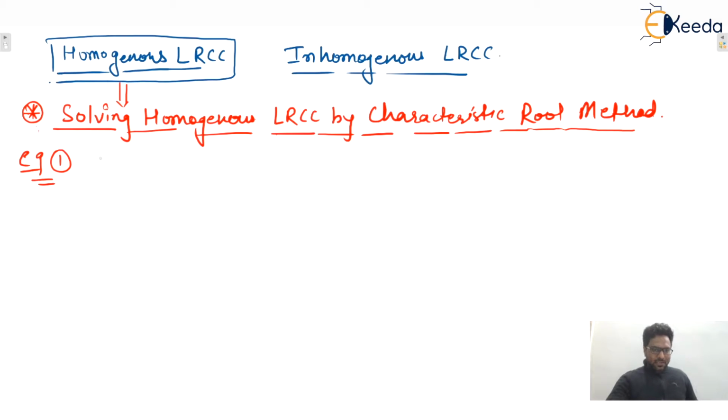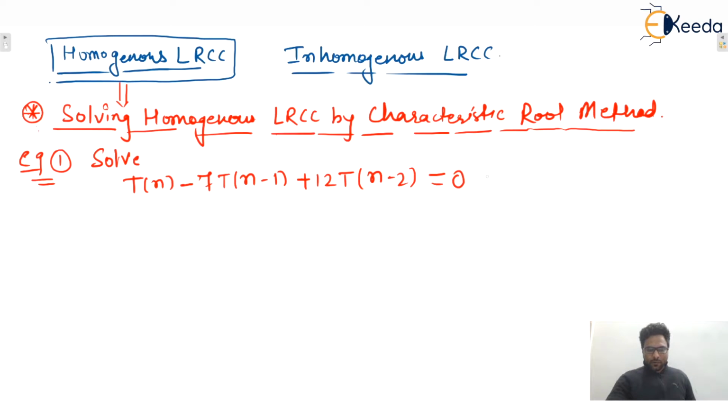So consider, let's say, solve. One recurrence relation is given to you, t of n minus 7 t of n minus 1 plus 12 t of n minus 2 equals to 0, where n is greater than or equal to 2, and initial conditions are given to you, t of 0 is 1 and t of 2 is equal to 2.